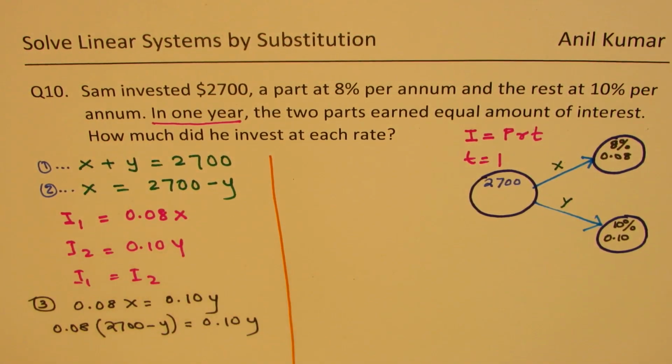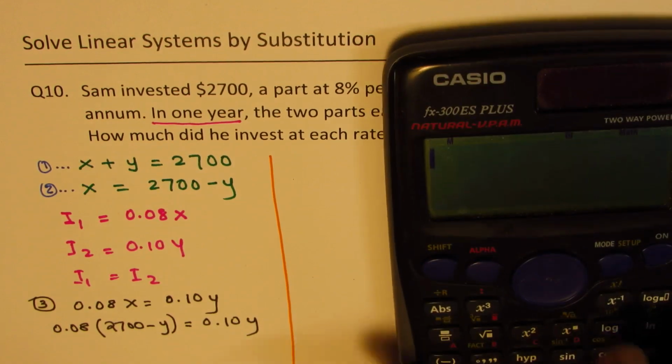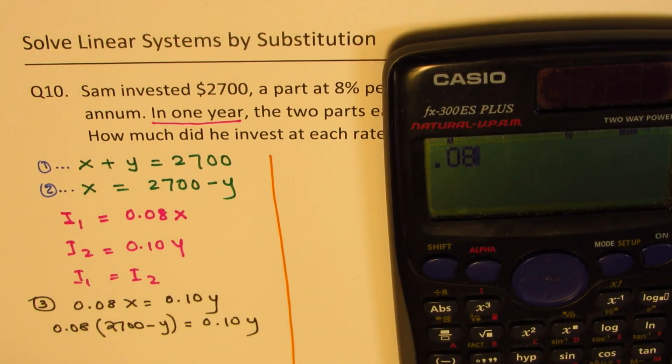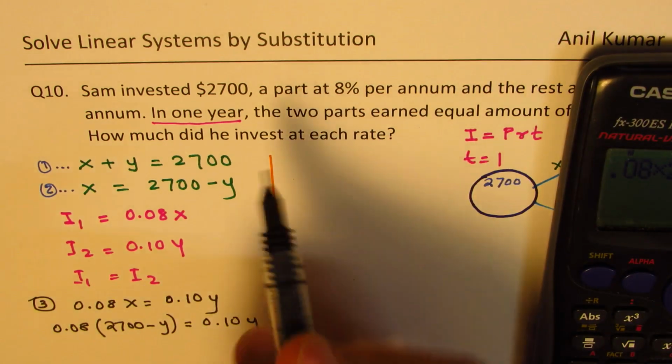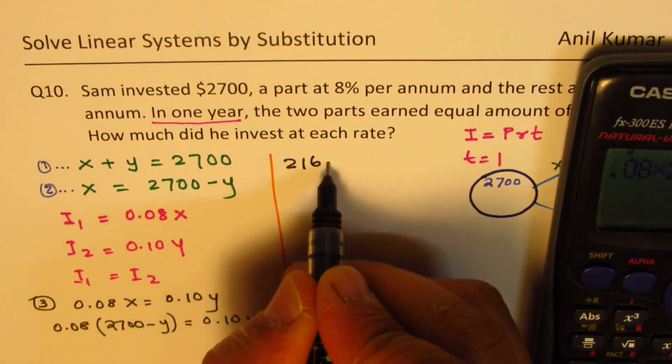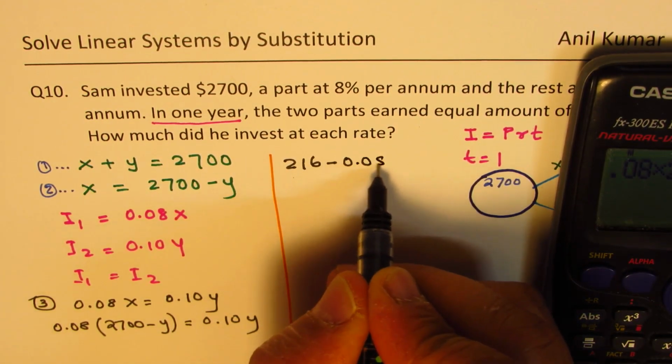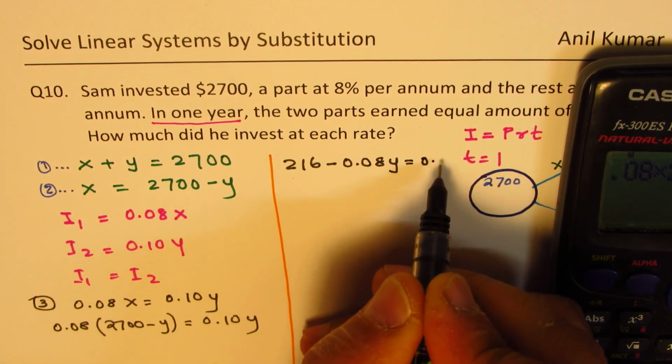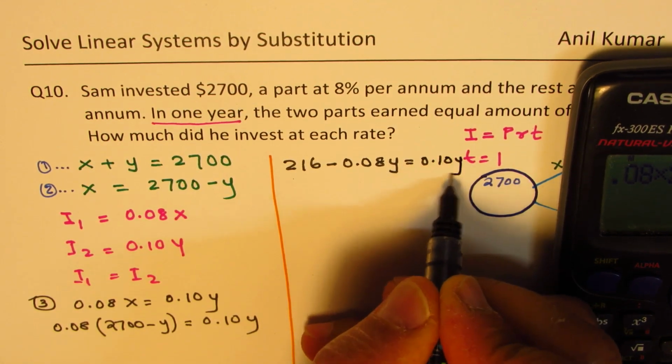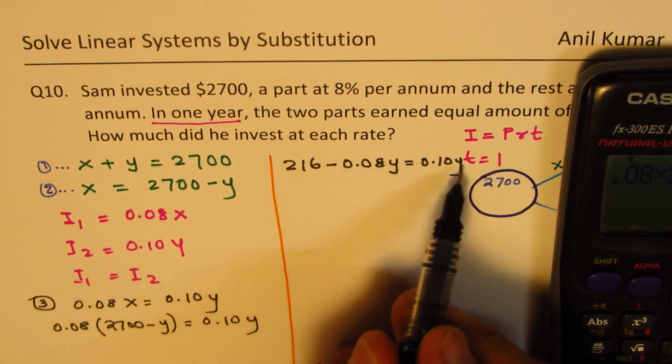So let's do it on this side. We'll use the calculator again. We have 0.08 times 2700, which gives us 216. So we get 216 minus 0.08y equals 0.10y. Correct? So let's take it on the right side.